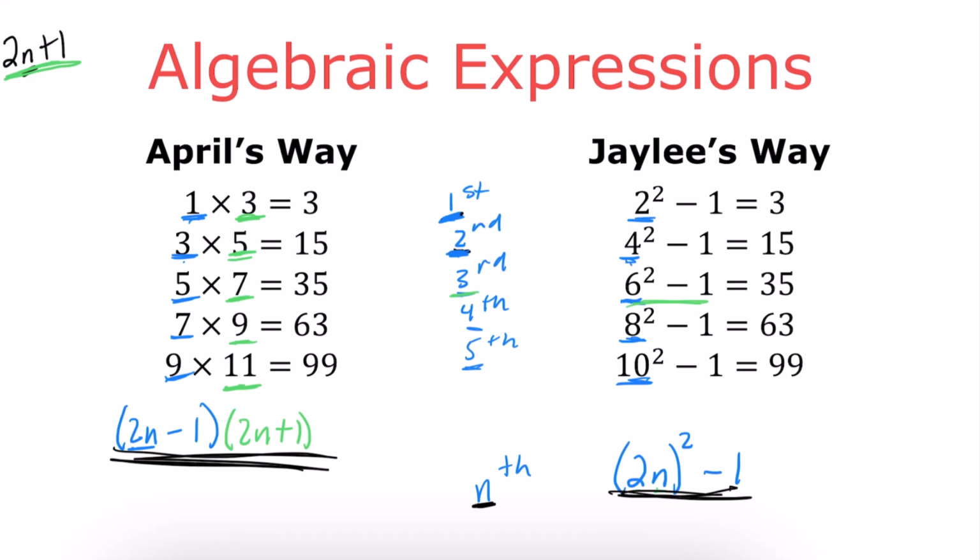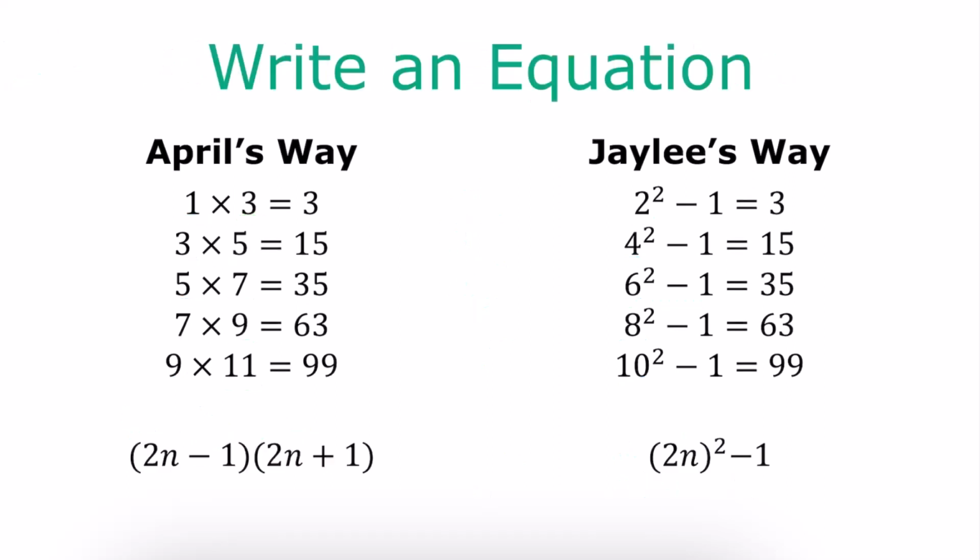So now that I have an algebraic expression that represents both of the patterns that I'm trying to show are equal to each other, I'm just going to write an equation. A summary of my conjecture, which is that April's way and my way always create the same pattern, is that for any value of n, or any term number that we're looking at, these two expressions will always be equal to each other.